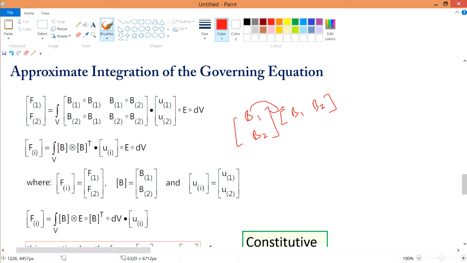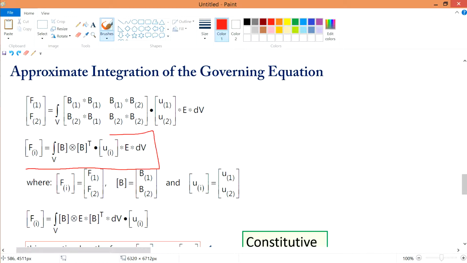If you were to multiply, you'll have this form over here. So this is a short form to rewrite your stuff. Once you get this, you're somewhat near to our answer already. Your B is equal to B1 over B2, your Fi is equal to F1 over F2, and your U is simply U1 and U2.